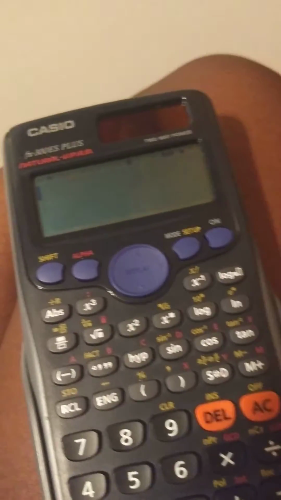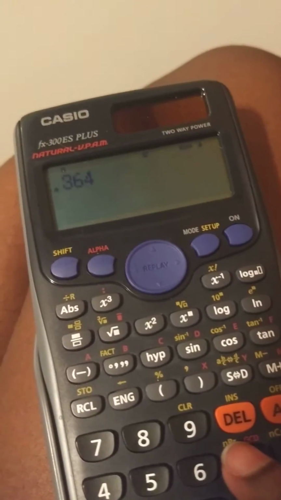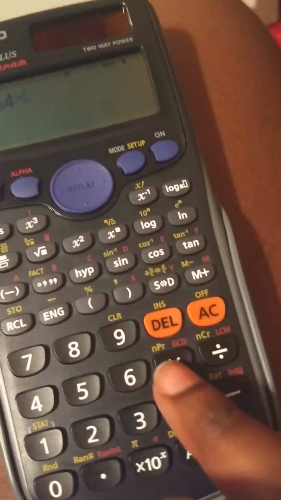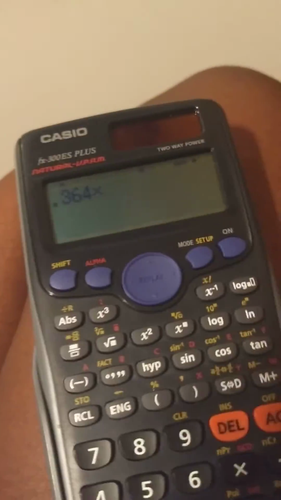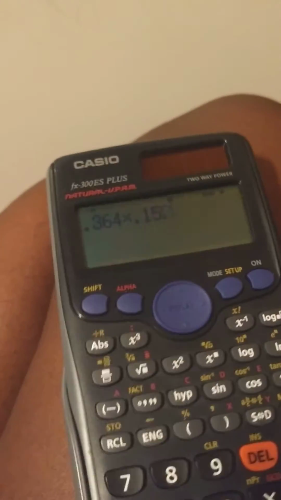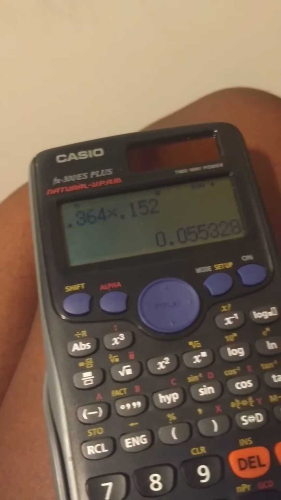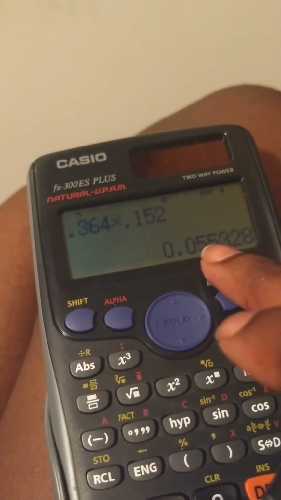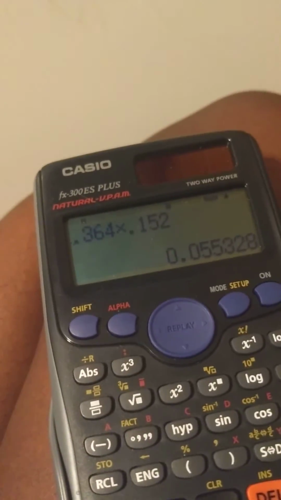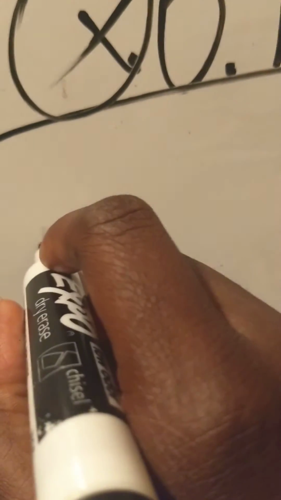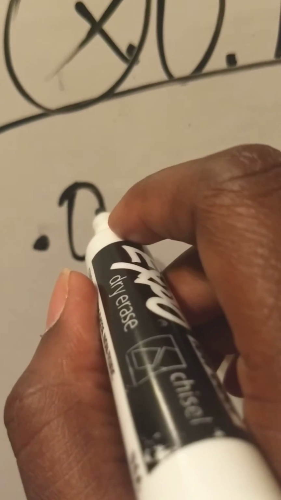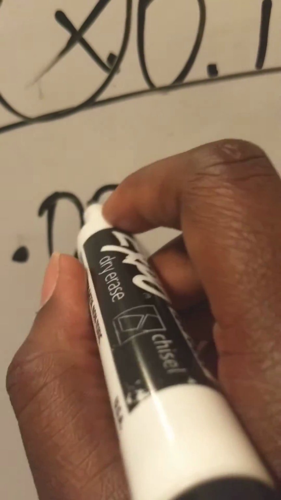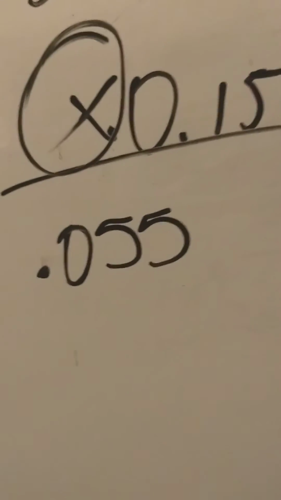Okay, so 0.364 times, the times button, I pressed it this time, 0.152 gives us 0.0553. Okay, so we'll just go with 0.055. Alright, straightforward.